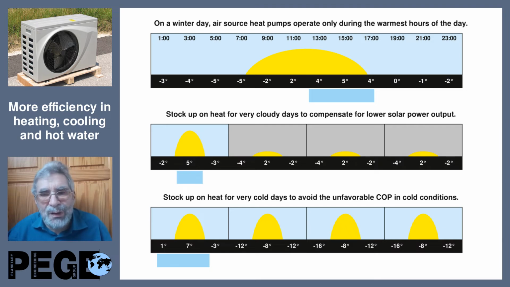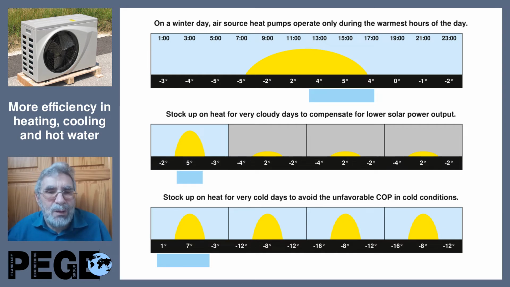And this we use here. Here, on a normal winter day, we use the air heat pump only in the hottest hours of the day. And all the other time we don't use it because the efficiency goes down because it's very cold outside.